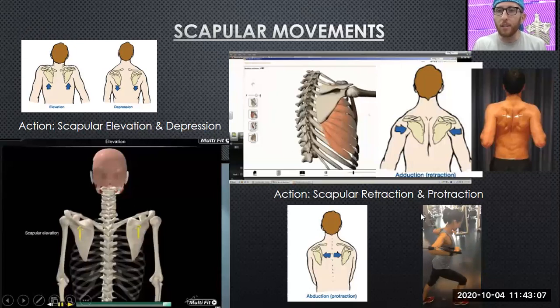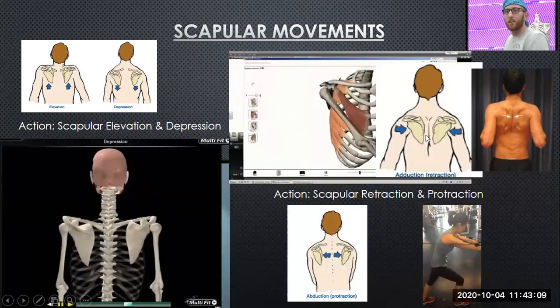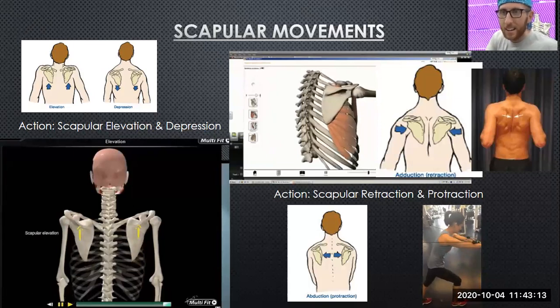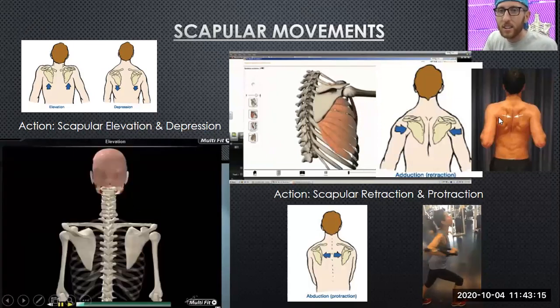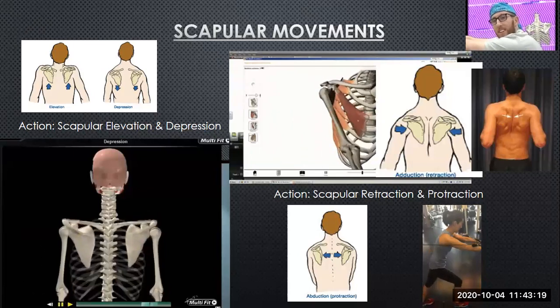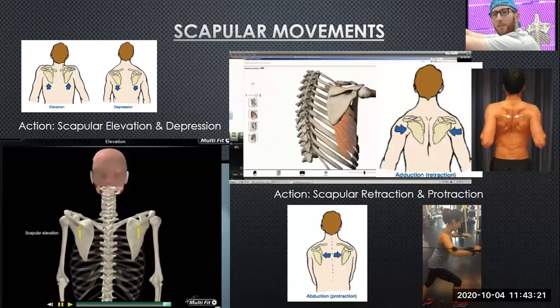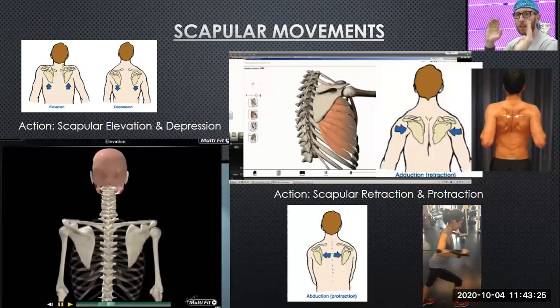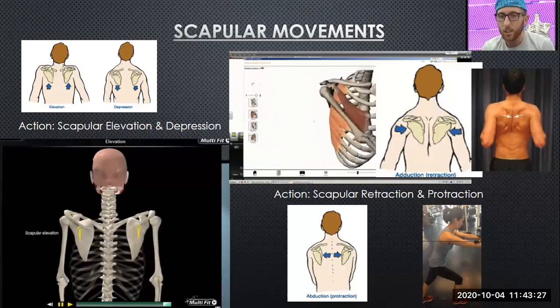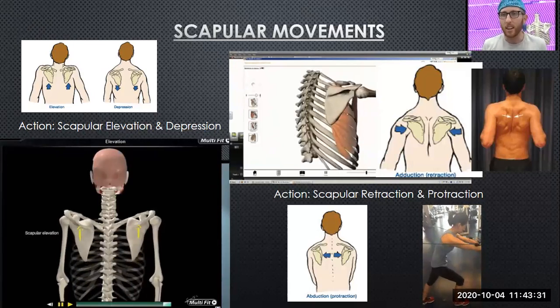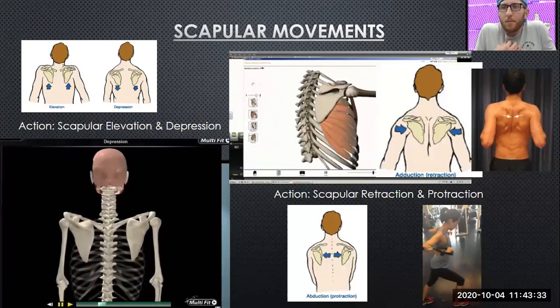And depression, trying to pull your shoulders downward inferiorly, that's depression. But then you also have retraction, which would be like pinching your shoulder blades together, like that guy over here in the far right is doing, versus protraction. Protraction is the opposite. Extend your arms on out, and you'll feel your shoulder blades or your scapula move anteriorly. So this is the part where you get active and you say, okay, let me try to feel scapular elevation.